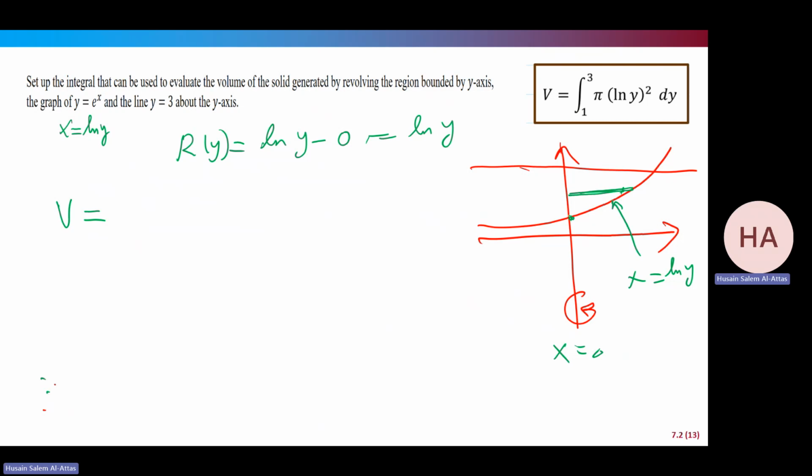Okay, so I have it from here, which is 1. Here I have y equals 1. Here I have y equals 3. Okay, so the volume will be pi times the integral from 1 to 3 of r of y squared, which is ln y squared dy.